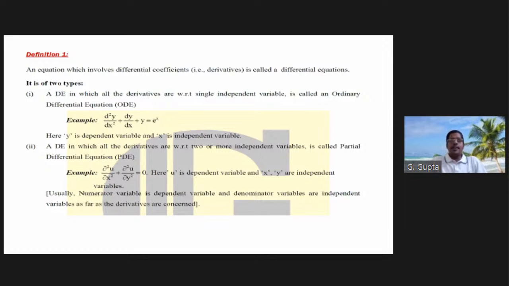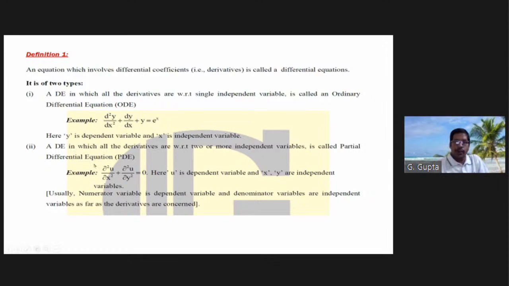With respect to more than one independent variable, such derivatives are called partial derivatives. Previously in the calculus we have learned. Similarly, an equation involving ordinary derivatives is called an ordinary differential equation, short form ODE. An equation involving partial derivatives is called a partial differential equation, short form PDE.